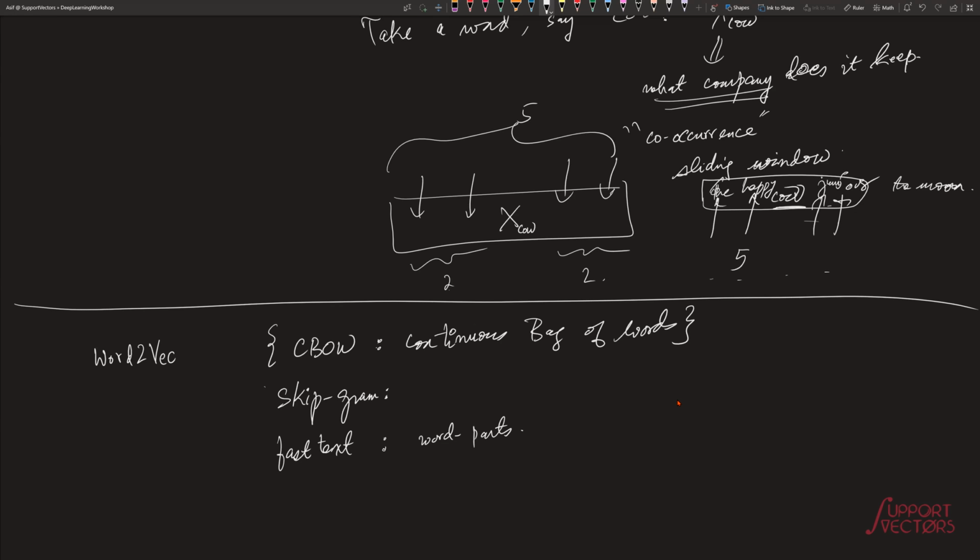Then there is another algorithm which is called GloVe, with a capital V. Think of it as a global vector, glove. In other words, it's a vector derived from a little bit more broad study of documents.